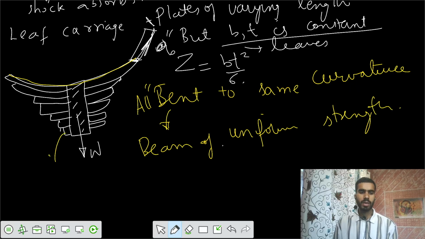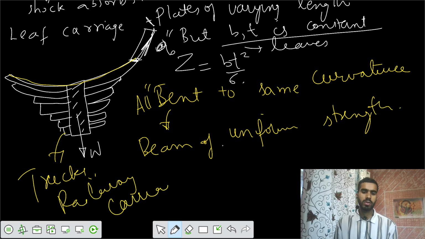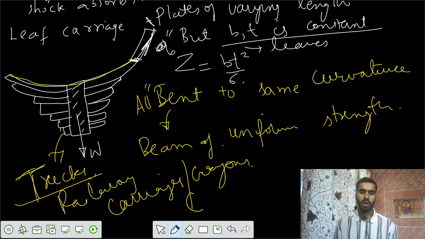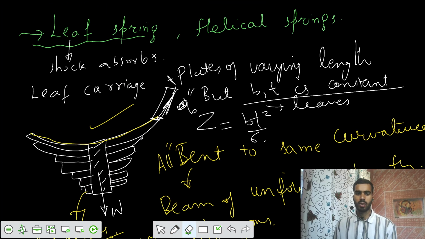You can see them in trucks, railway wagons, railway carriages, trolleys, cars. There we have this kind of spring. They are called shock absorbers.